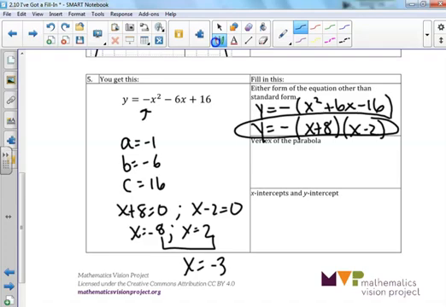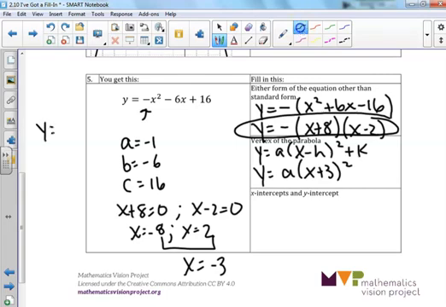So we do know that in our vertex form, the h value will be negative times a negative will be plus 3 squared. Let's figure out what our k will be. To find our vertex, we can plug x back in.